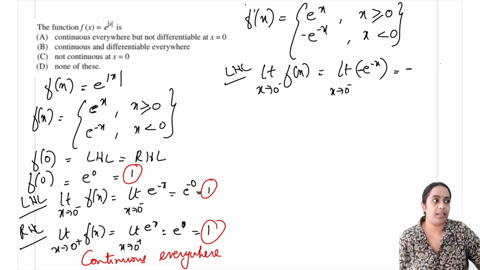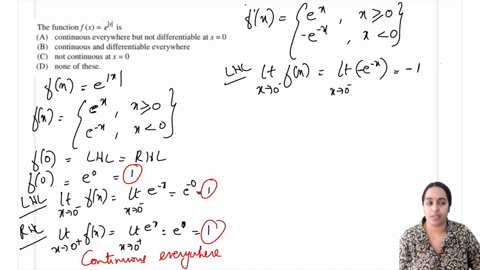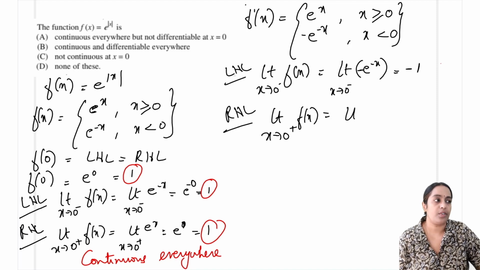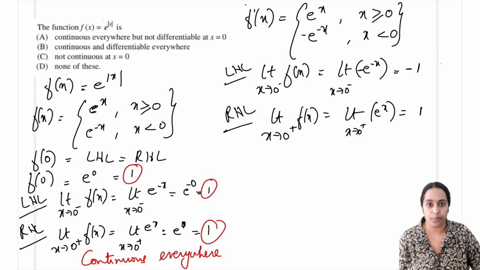When I substitute the value, e power minus 0, but I have a minus sign before e power minus x, so it becomes minus 1. Now my right hand limit: limit x tending to 0 plus f of x, which is limit x tending to 0 plus e power x. So e power 0 is 1, so it is going to be 1 itself.